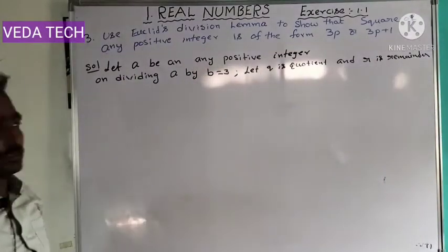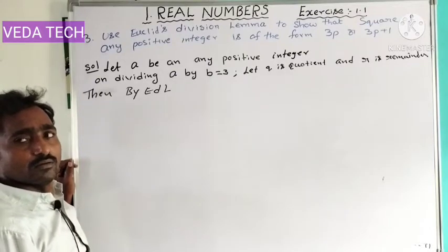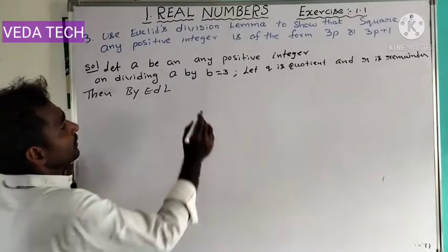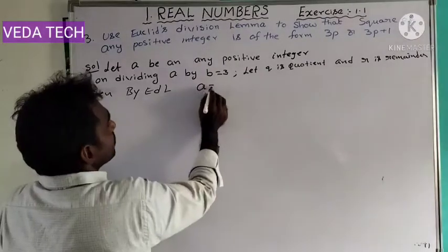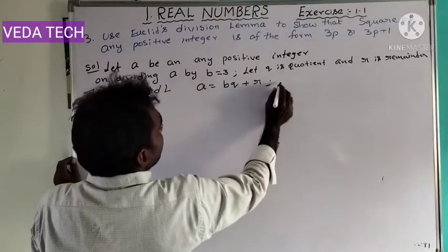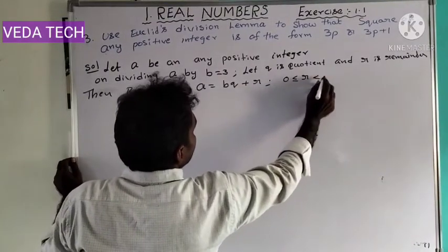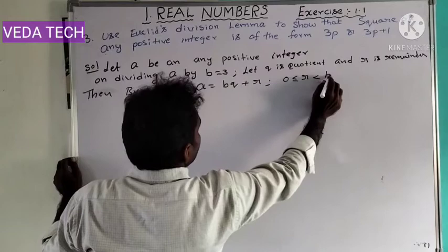So by Euclid's division lemma, a is equal to bq plus r, where 0 is less than or equal to r, and r is less than b.